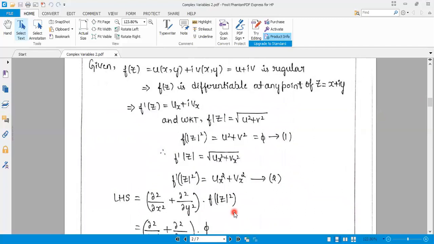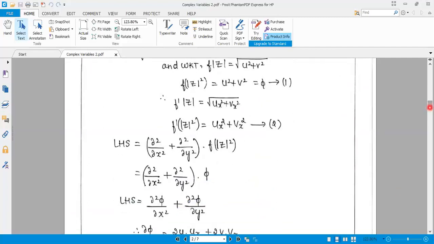Now let us calculate the left hand side part. ∂²/∂x² plus ∂²/∂y² of |f(z)|². For convenience, we can say |f(z)|² as phi. So you can write it as ∂²φ/∂x² plus ∂²φ/∂y².